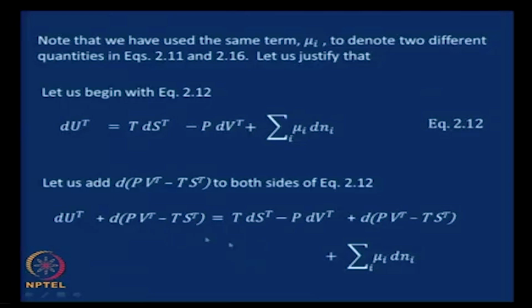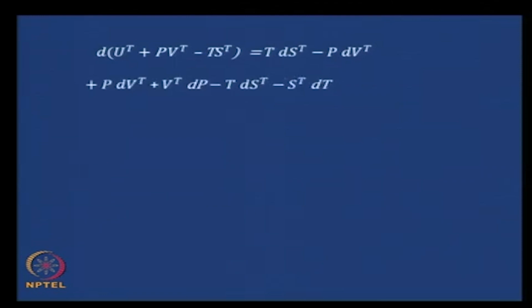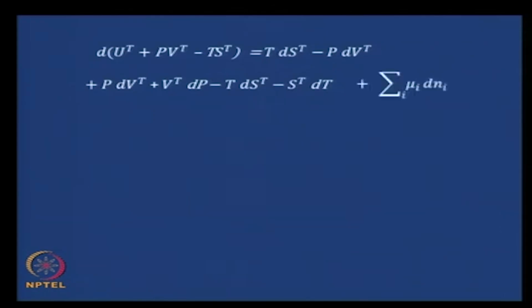You can visualize the differential in a 2-dimensional graph or a 3-dimensional graph, then you can understand why this is additive. So if we recognize that this is additive, we can expand the term on this side using the chain rule. Therefore d(U_t plus PV_t minus TS_t) equals T dS_t minus P dV_t, which we already had. Now if we expand the term that we added by chain rule, we have P dV_t plus V_t dP minus T dS_t minus S_t dT plus whatever remained there, which is summation of μ_i dn_i.